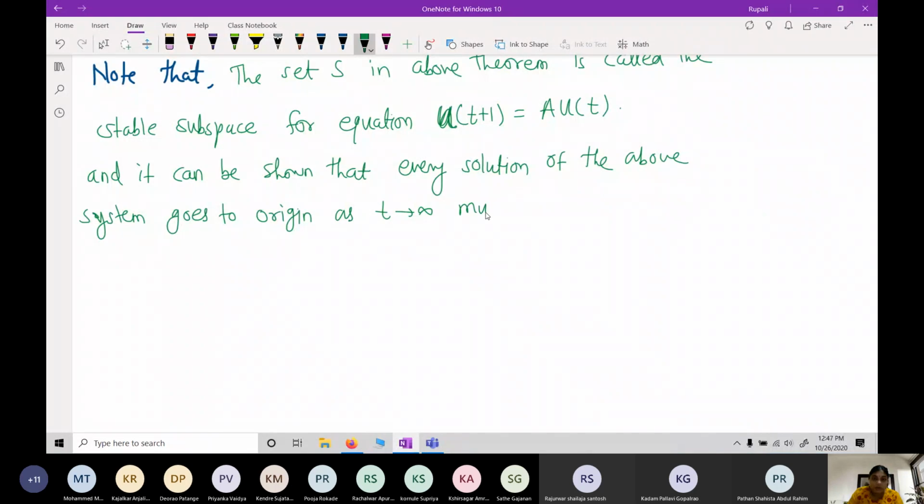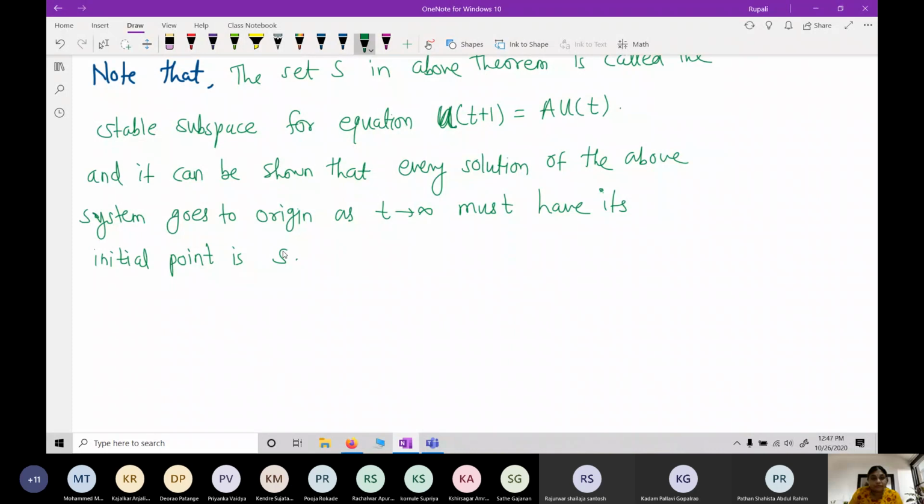What is the condition? It must have its initial point in S, the stable subspace.